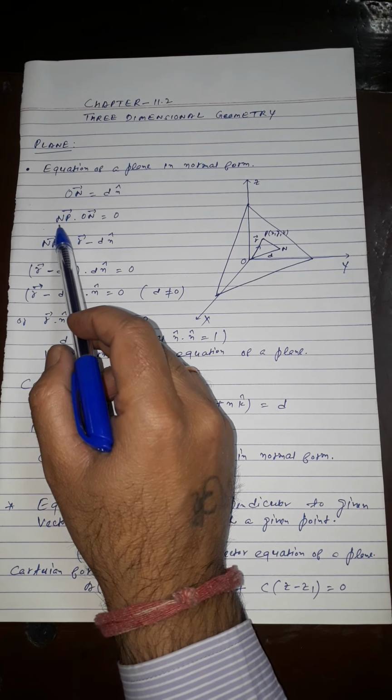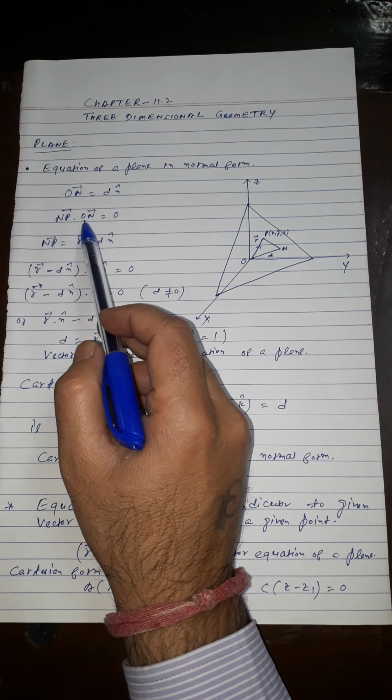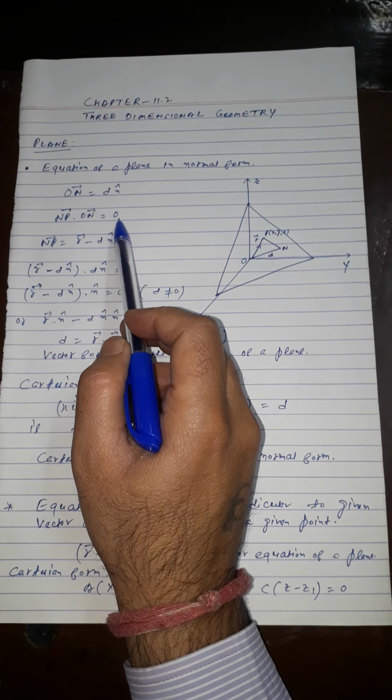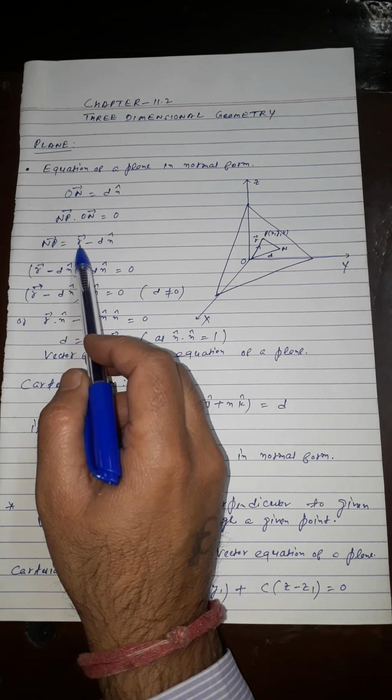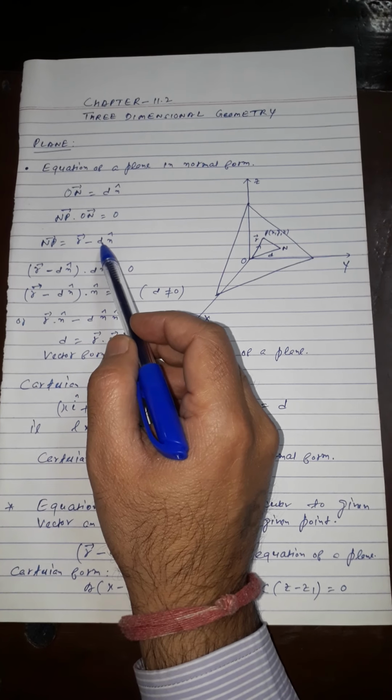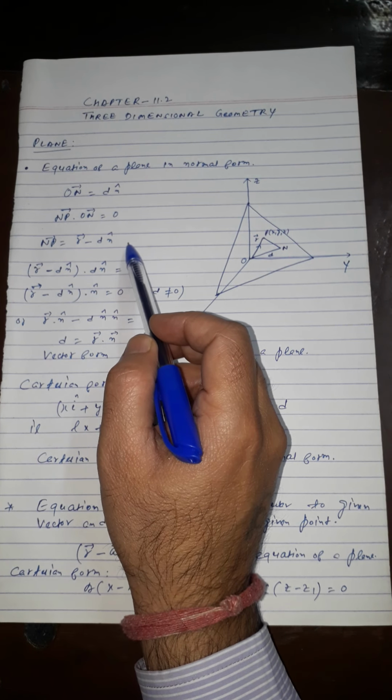Therefore, NP dot product with ON will be equal to 0. Here this NP, we know, is equal to r vector minus d n unit vector by using the triangular law.